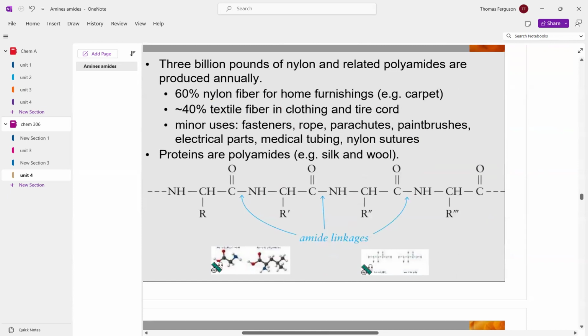Nylon is made with amide bonds. Including biological polymers that are made with amines, like proteins. Silk and wool, very natural fibers, are made of amines.